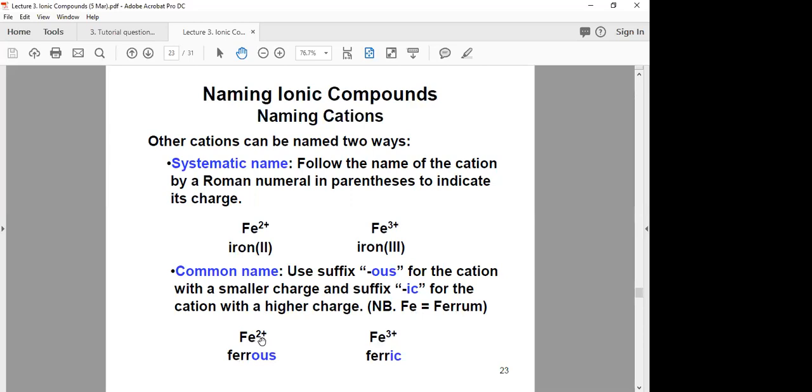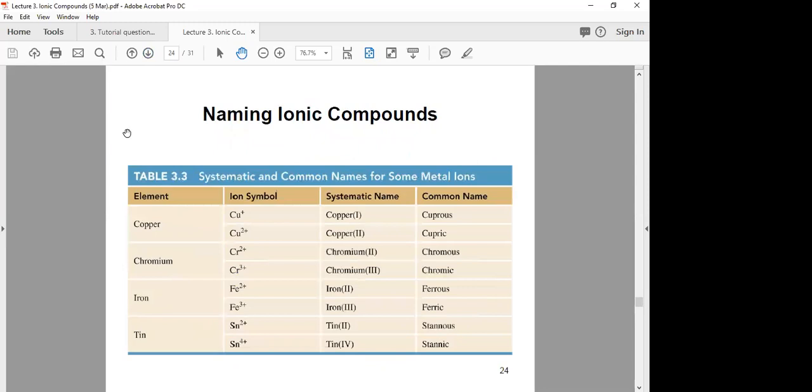In other words, we drop the UM from ferrum and add the suffix OUS. For the higher of the two charges, the 3+, ferrum becomes ferric. So drop the UM and add the suffix IC. Okay, so a little bit more involved with naming these particular cations.